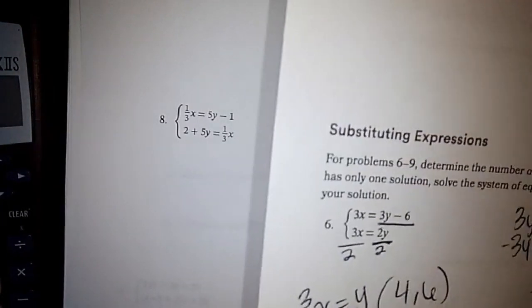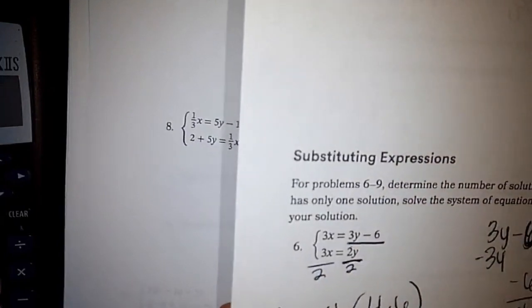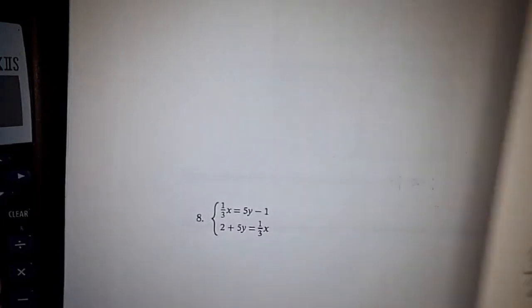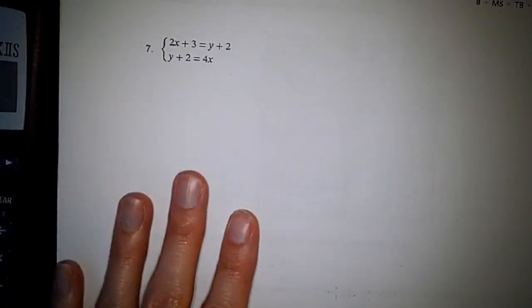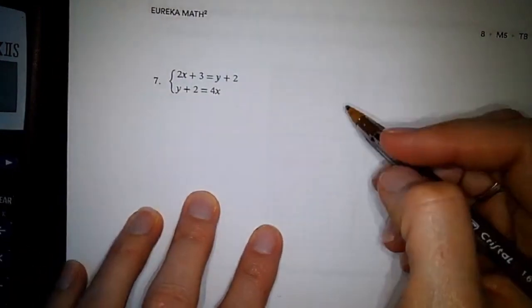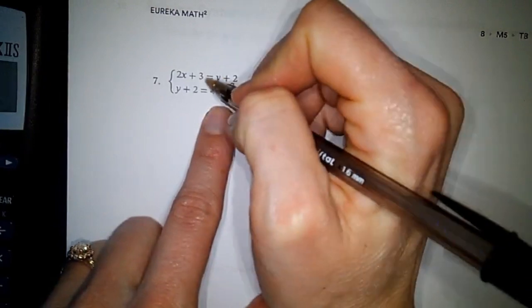Okay, everybody look at number 7. Number 7, oh, by the way, this one only had one solution. Let's look at this problem. Oh, that looks like fun. I'm going to go ahead and subtract 2. So y equals 2x plus 1.